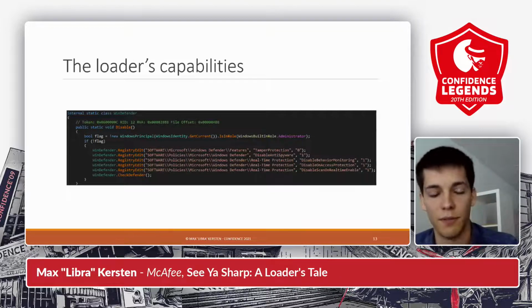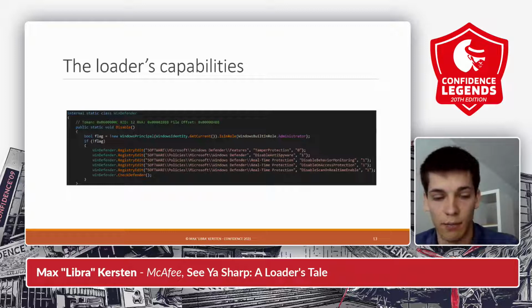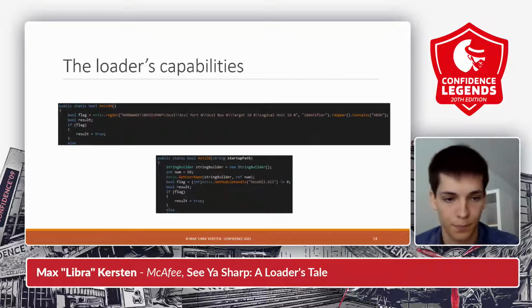So how is the Defender tool disabled? Basically by changing some registry settings on the computer and assuming that you have a specific identity on the computer, because you need certain permissions to do this.